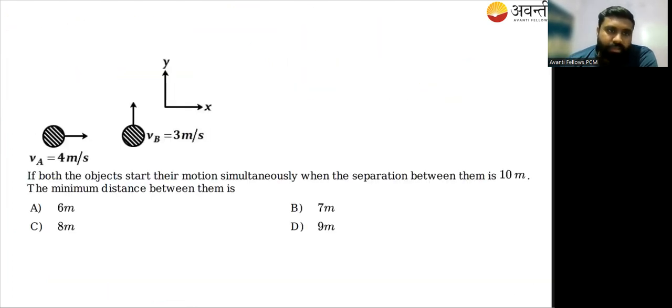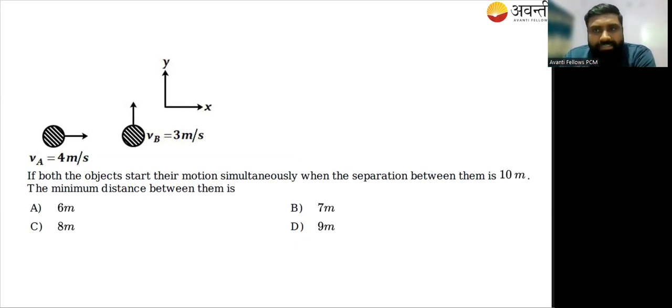If both the objects start their motion simultaneously, when the separation between them is 10 meter, the minimum distance between them is? There is a simple concept behind the minimum distance calculation. We will observe the motion of one body with respect to the other body.